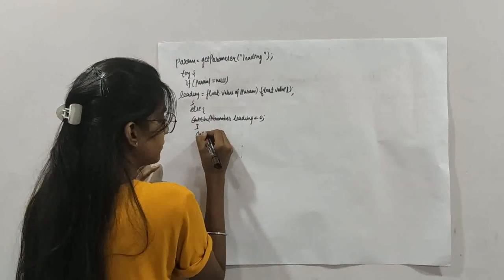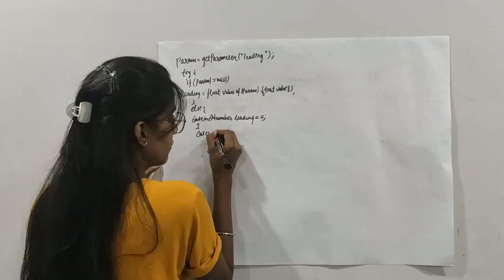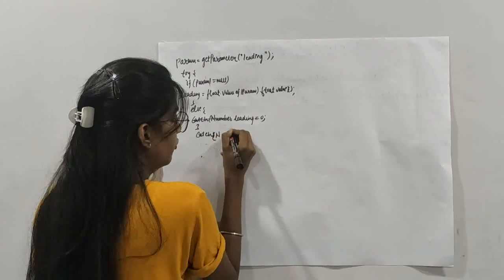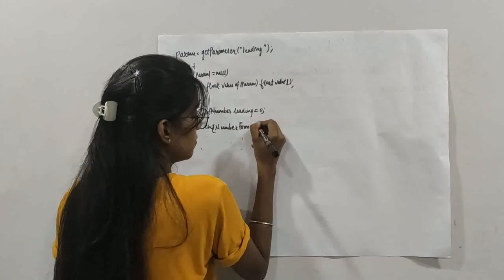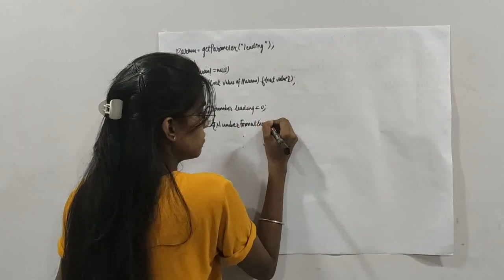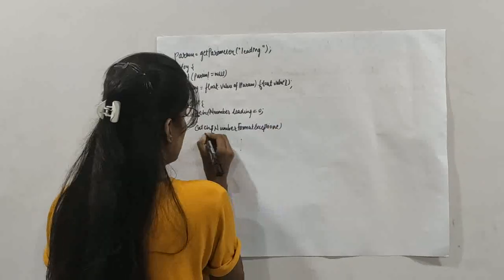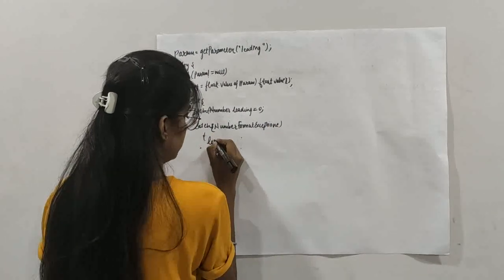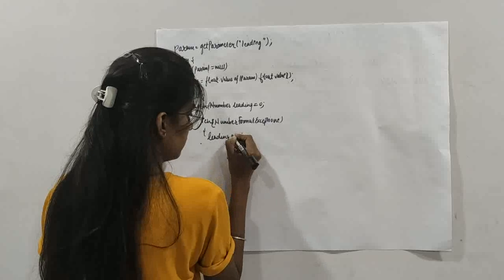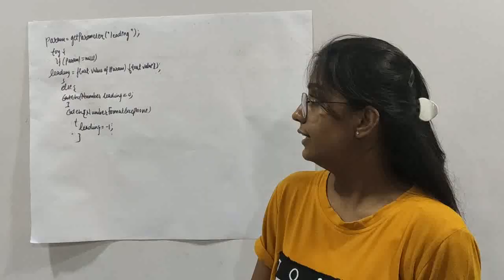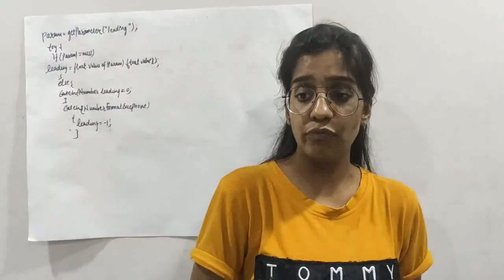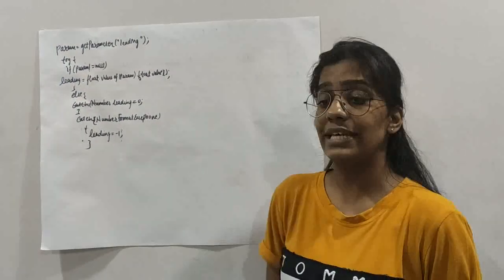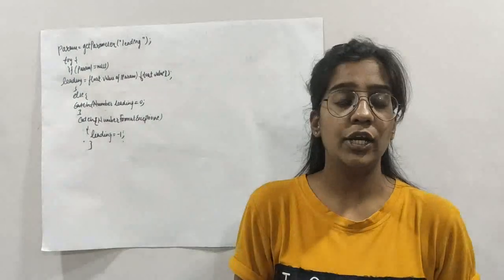Catch NumberFormatException, leading equals -1. If param is not equal to null, then leading is equal to float: the value we get from the param is converted into a float.